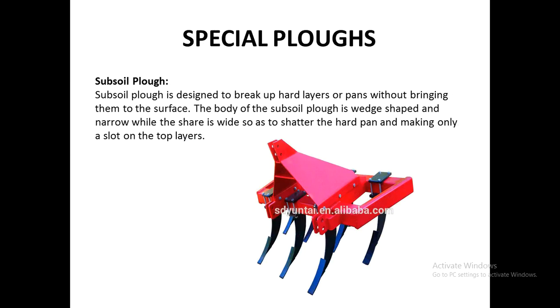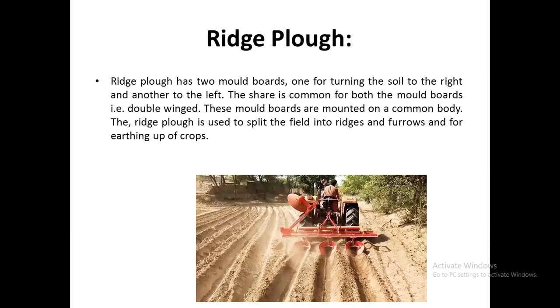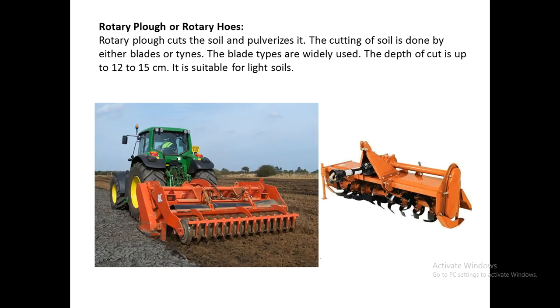Some special plows are discussed here. Subsoil plow is nothing but the subsoiler which is used for breaking the hard pan. Chisel plow also is used for breaking the hard pan and also for deep plowing. The ridge plow is similar to two moldboard plows facing opposite to each other. They cut and upturn the soil on either side, thus creating a ridge and a furrow.